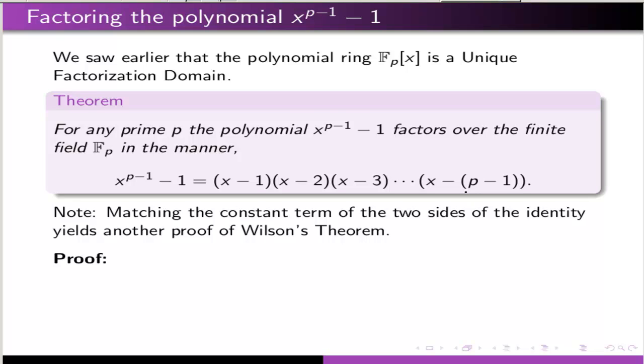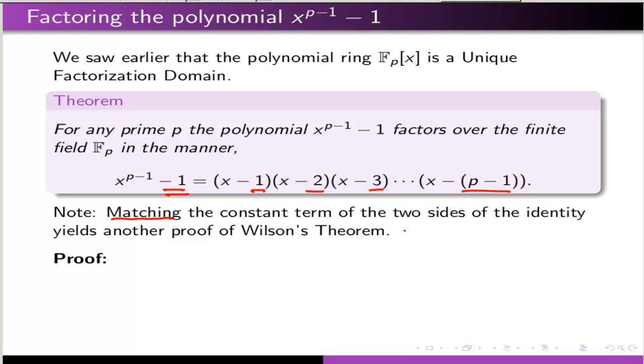And there's an interesting thing to note here. If you match the constant terms on both sides, you have negative 1 here, and the constant term on the right would be obtained from negative 1 times negative 2 all the way down the road.